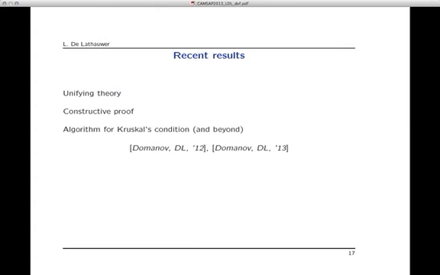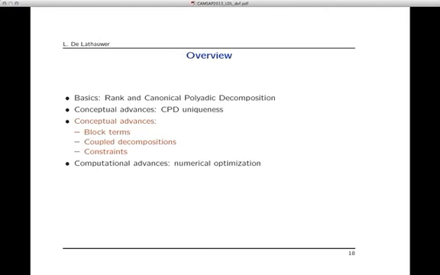All the results admit a constructive interpretation. So in all these cases, at the end, there is just an eigenvalue decomposition. So we have a constructive proof for computing the canonical polyadic decomposition under Kruskal's condition and beyond. So we're quite happy with that.